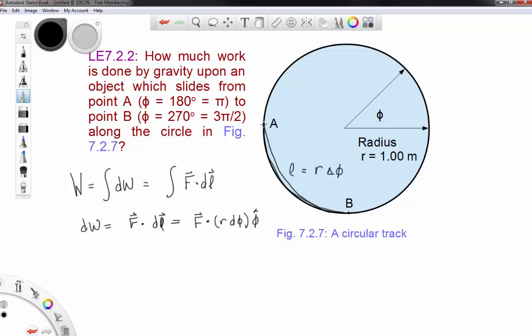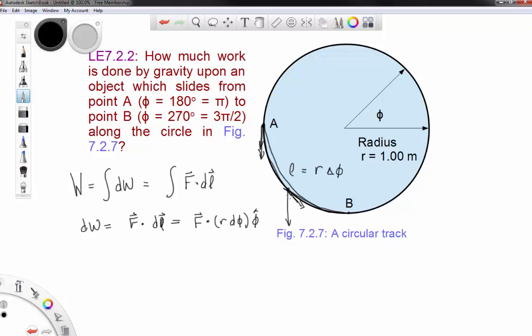Because if you look at what dl is doing at any given point on this circle, we'll take this point for example, F is straight down, dl is like this. If you take this point right here, again, F is straight down, dl is tangent to the circle.